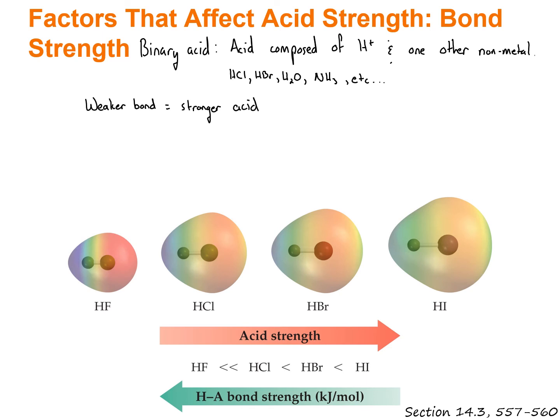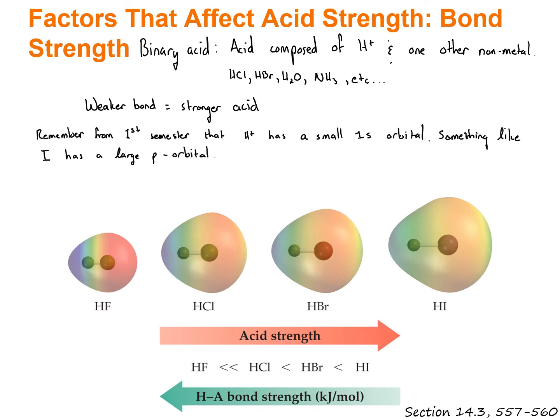But if we're looking at a weaker bond, we expect that it's going to be a stronger acid, because to be acidic, to donate that proton, it has to cleave that bond that's present. And so we expect a weaker bond should yield a stronger acid. This is reaching a bit further back, but if you remember from first semester, we said that we have H plus with a small 1s orbital, and we have, say, let's take for instance iodine or iodide.